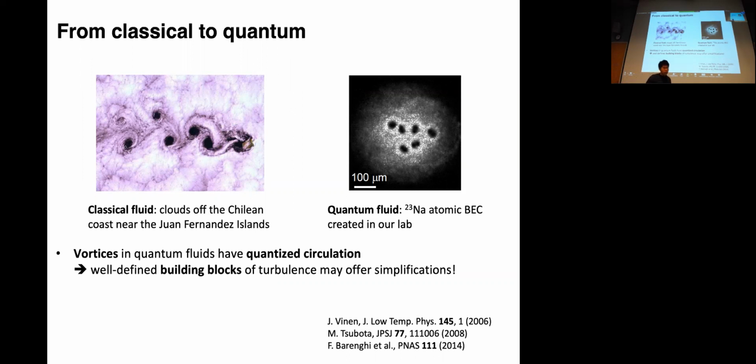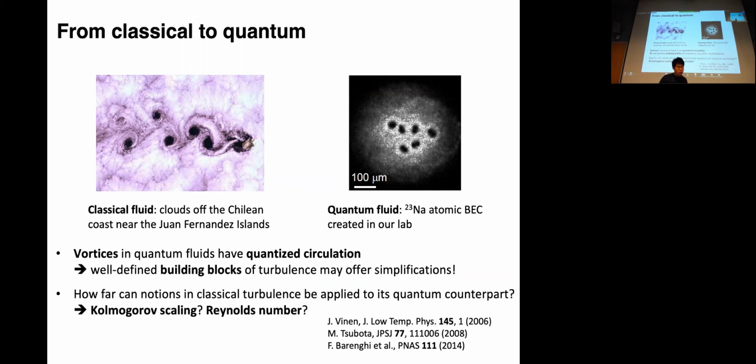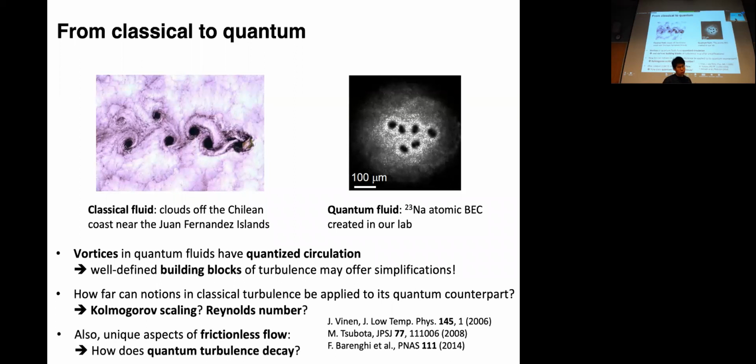The simplification may lead to new insights into the study of classical turbulence, but also notions in classical turbulence can lead to insights into the study of quantum turbulence. But in addition to this relationship, the very fact that we're working with a quantum fluid, a superfluid, presents us with a unique and very interesting set of questions of its own, many of which arise from the nature that superfluids can flow without friction below a certain critical velocity.